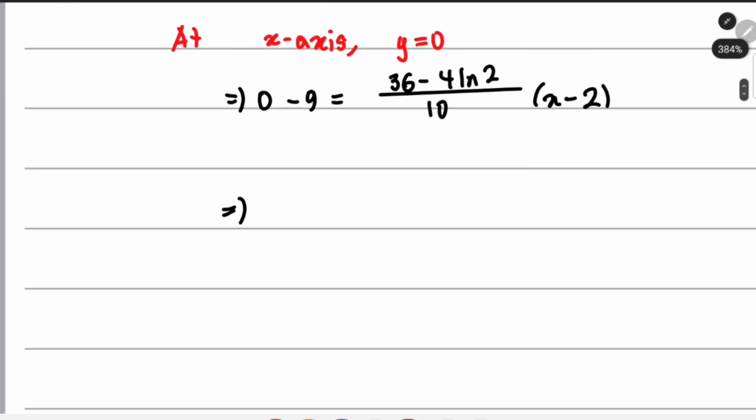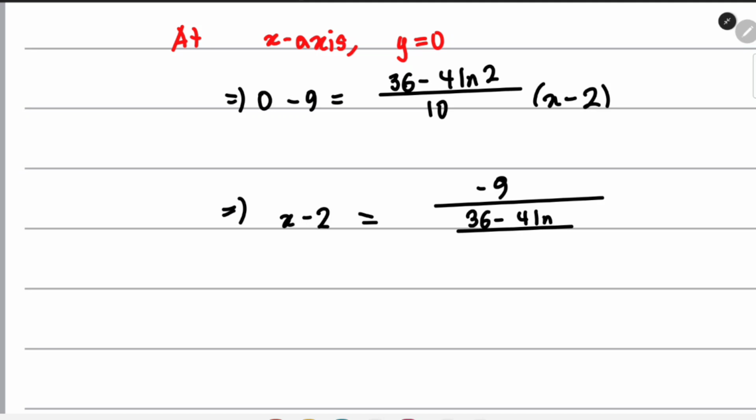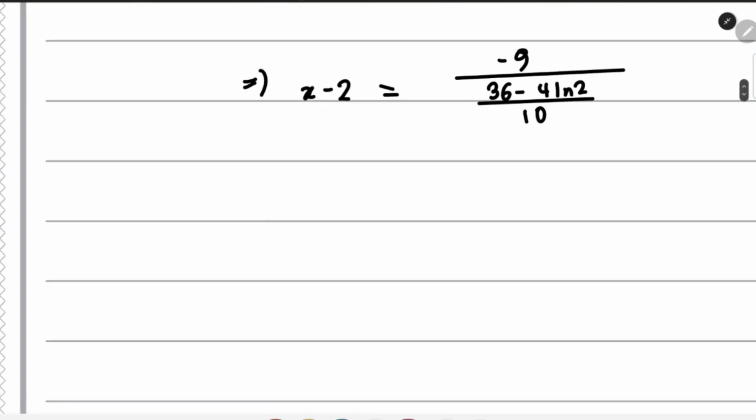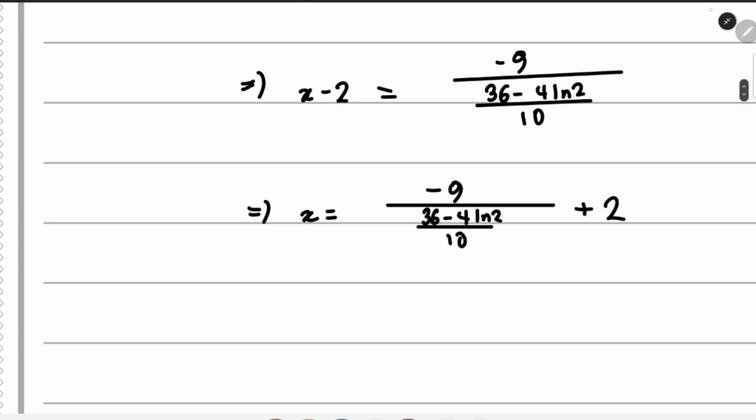I can divide this expression on either side, and I get x minus 2 equal to minus 9 divided by 36 minus 4 ln 2 over 10. So x would be minus 9 divided by 36 minus 4 ln 2 over 10, plus 2.